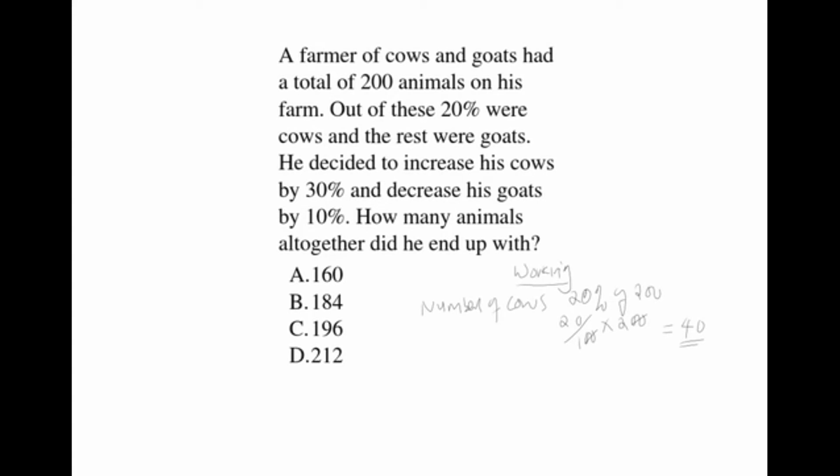Then the rest, we are told the rest were goats. So the rest, goats, will be the percentage of the animal, the total number of animals is 100. So we minus 20%, which is the number of cows. So we get goats are 80%.